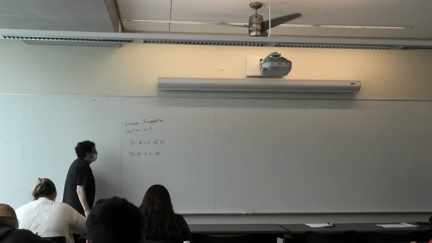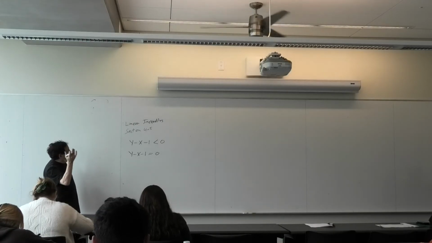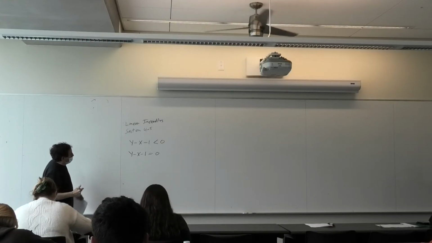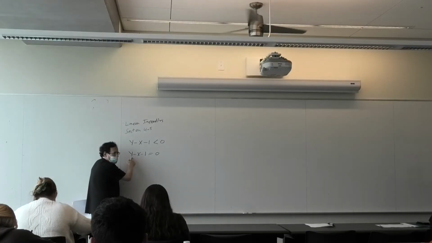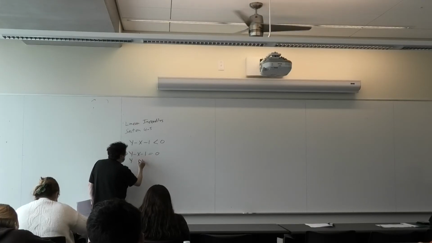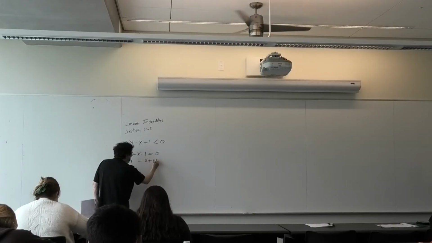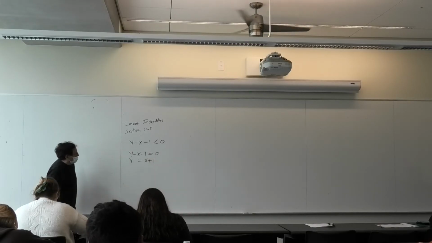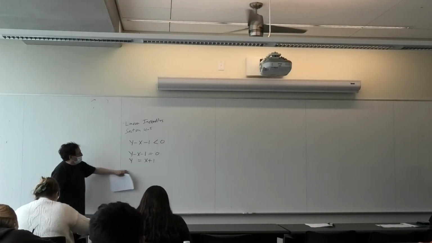Oh, now this is so much better because we've done this. Well, it's not in slope-intercept form yet. Let's do that. Let's add x to both sides and add 1 to both sides. Oh, okay. It's pretty good.